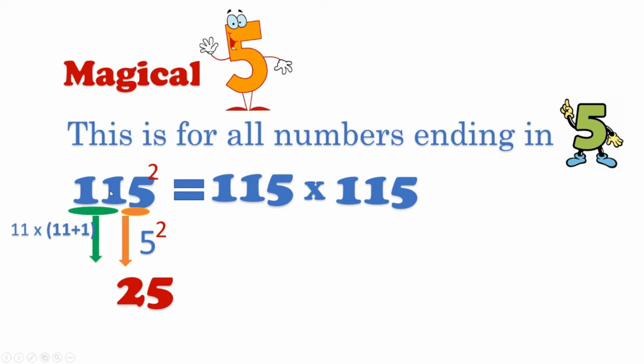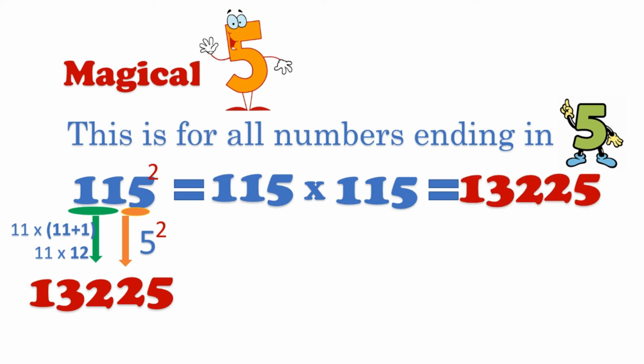So 11. Now multiply 11 with the number after 11, that is 11 multiplied by 12. This calculation is easy, you can work it out, and this will give you 132. Place it before 25, and this is your answer for 115 square, which is 13,225. Well, try this in a calculator and amaze your friends.